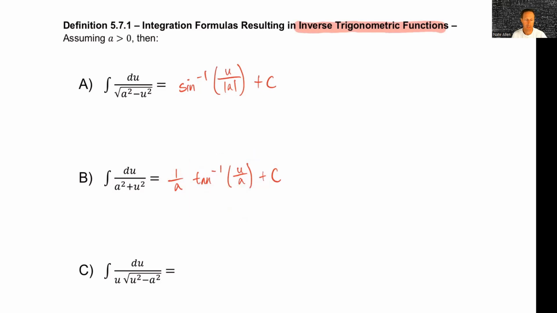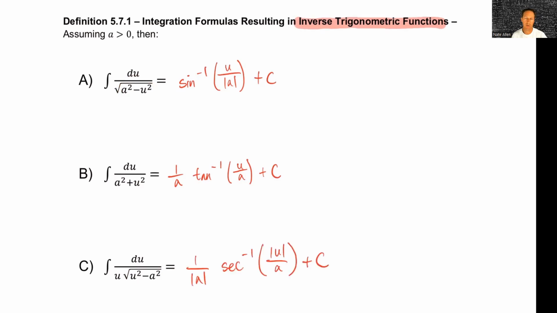All right, the last one, when we have the u function on the outside of our square root of, again, notice the u squared minus a squared rather than the a squared minus u squared, that's going to yield the inverse of secant, which remember is just the reciprocal of cosine. Now again, notice the results of all of these had the u over a.